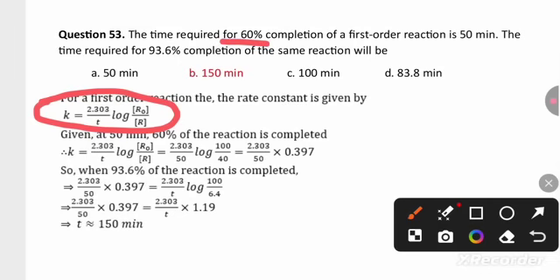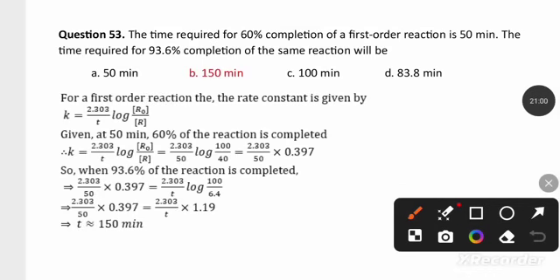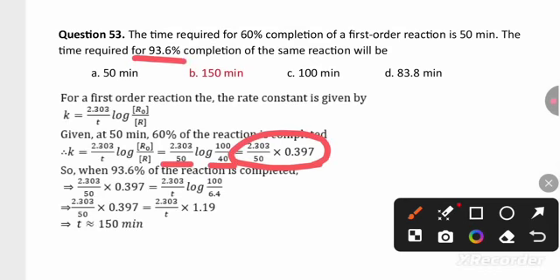In the first case, 60% completed means 40 will remain. Log of R naught is 100 and R is 100 minus 60, which is equal to 40. Time is 50 minutes. When you calculate, you will get this value. Similarly, for 93.6%, the initial concentration is 100 and 100 minus 93.6 will be 6.4.